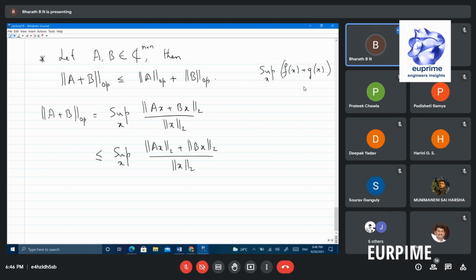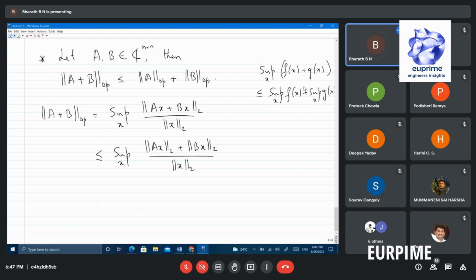You are adding those maxima. That is like the sup of g plus the sup of f, which will be very high, right? Compared to when you look at the sum of these two functions, the maxima could be very small, right? So the supremum overall is less than or equal to the sum. I think intuitively this is clear, right?